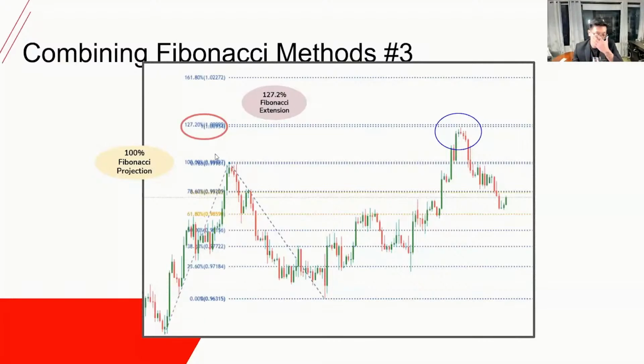Your FIB extension level will be this negative 127.2% extension level. While these two are working together in this area right here, I will assume that there is a swing high on the left. That's why price made such a dump right here.